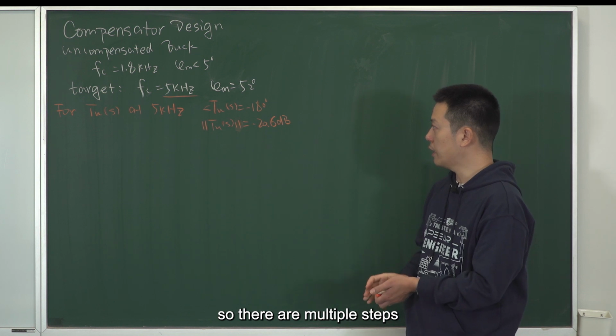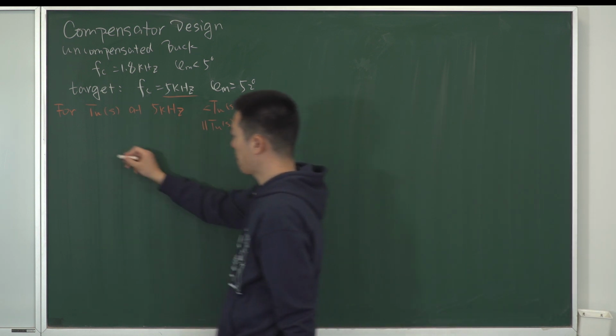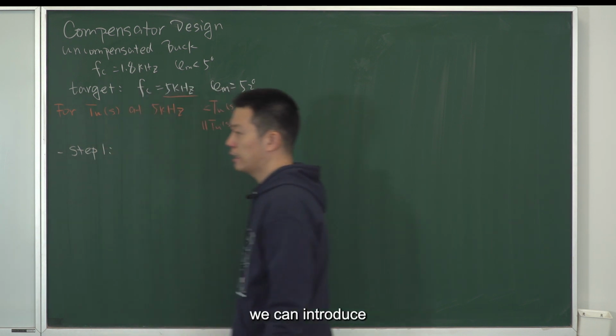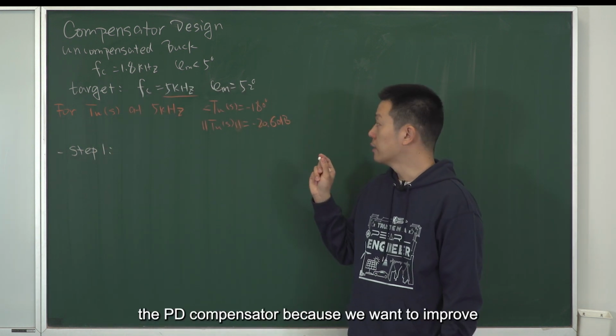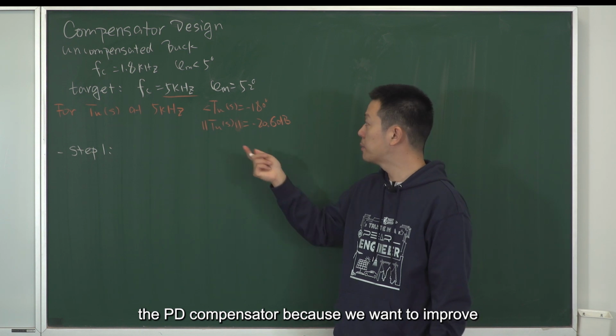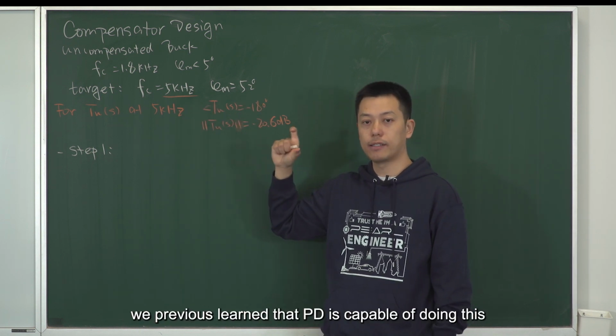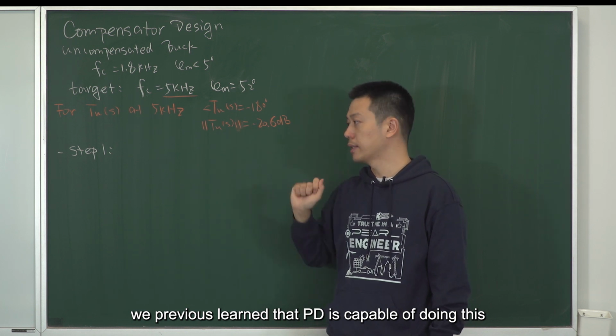There are multiple steps. Step 1: we can introduce the PD compensator because we want to improve FC and phase margin. We previously learned that PD is capable of doing this.